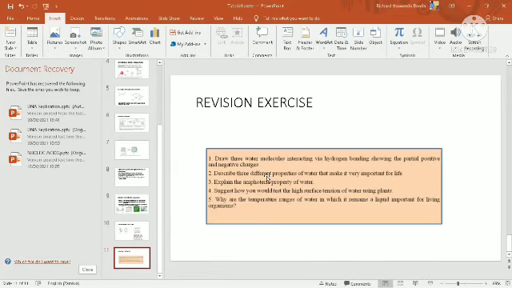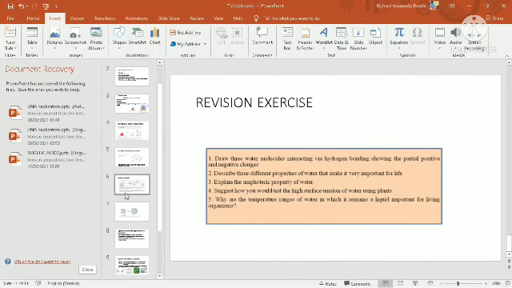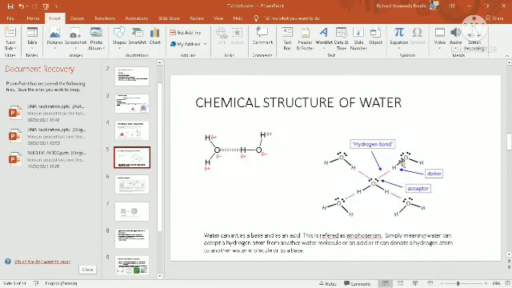Question 3 says, explain the amphoteric properties of water. The amphoteric properties, as was mentioned in this slide here, is where water will be able to act as a base or as an acid, where it's able to accept a hydrogen atom from a neighboring water molecule or from another compound, which could be an acid.